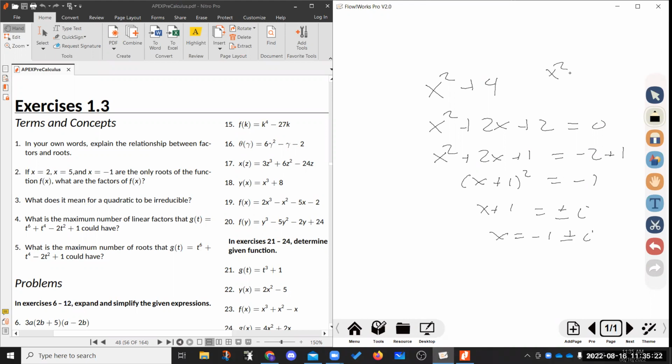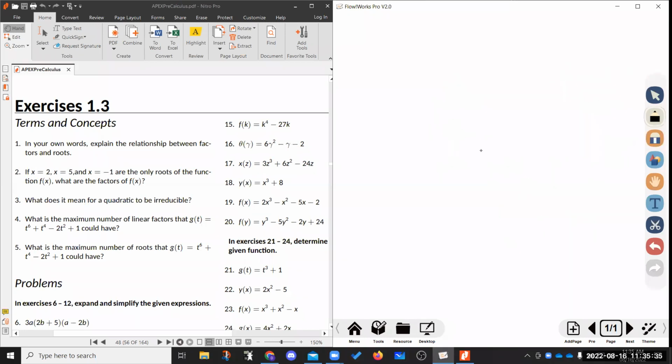And this one, if I set it equal to 0, they don't have to come up with imaginary answers, though. I could get answers that would be like something like that.